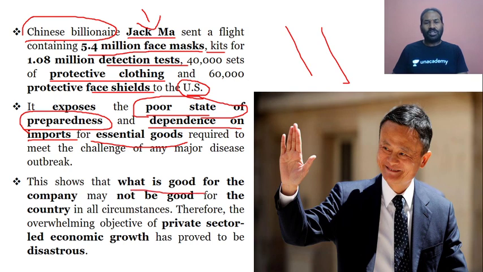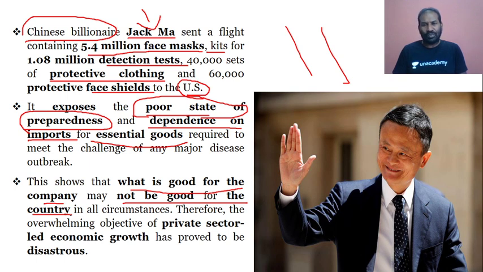This shows what is good for the company may not be good for the country. That means the country which goes ahead with the liberalization process, shifting its production units to the developing countries, is not good for the country. But the company which is involved in the trading, it is only good for the company, not for the country.